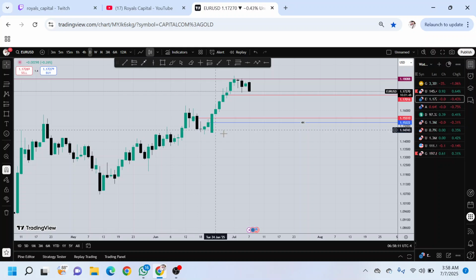And why is this order block a high probability? Because we have this fair value gap right here.